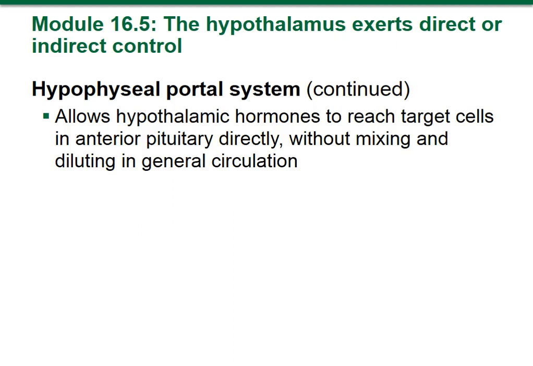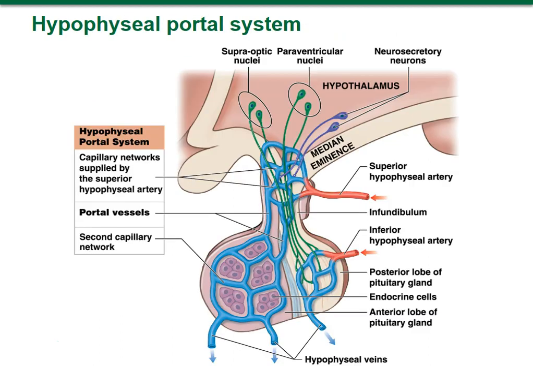So it is a system that sends some of these hormones directly from the hypothalamus to the pituitary gland. And that shows the capillary network, the hypophyseal portal system. And do notice that as small as the pituitary gland is, there really is a true separation between the anterior and posterior pituitary.